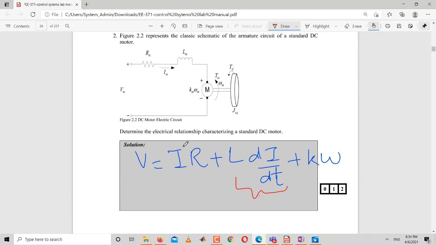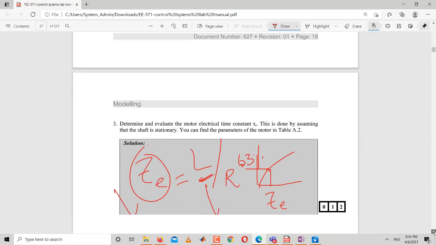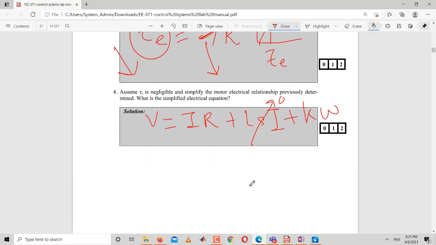It means that we can simply use this equation. I have written it somewhere, the Laplace of the equation here. If there is no disturbance, there is no movement, it means there is no current passing through it. We have already ignored this. And if there is no current passing through it, this term is also equal to 0.